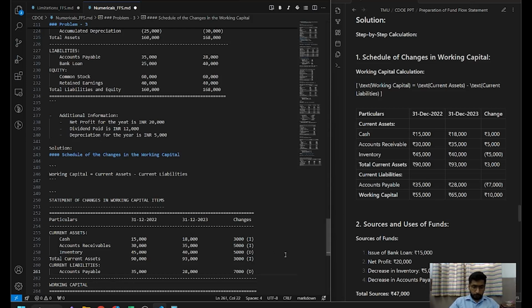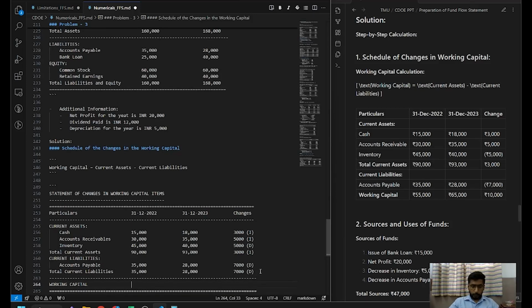You have the total current assets as 90,000, and total current liabilities as 35,000.